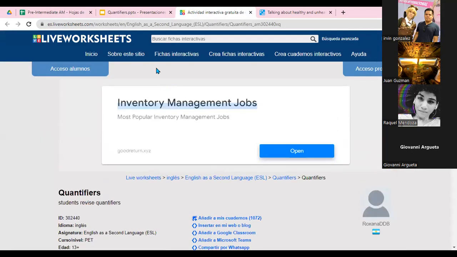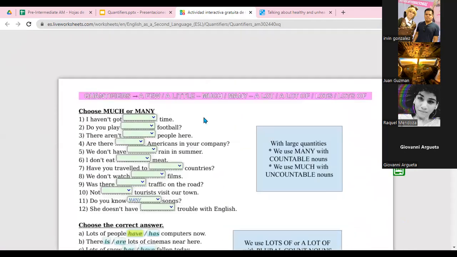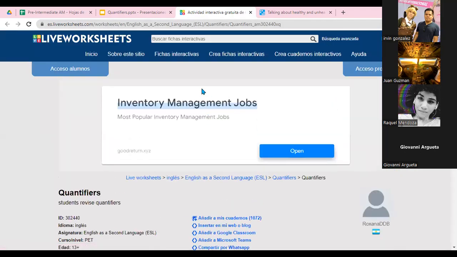And you can search for activities like in this website, live worksheet, to practice. And don't feel bad if you don't understand at all a topic.